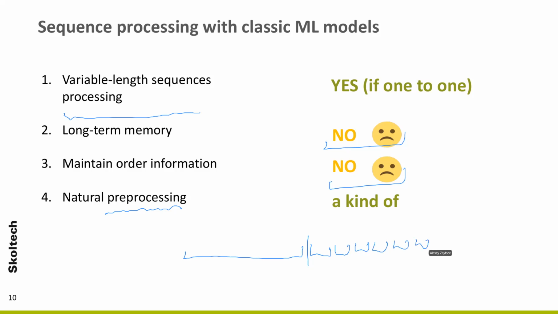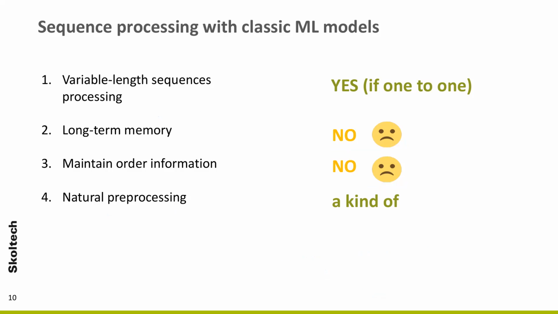How to deal with this in classic machine learning models is not clear. We can try to have a separate model for each case, like y t plus 1, y t plus 2, y t plus 3, and so on. But definitely this is not something you expect to work from scratch in a very fast and reliable way. On the contrary, we expect this model would perform quite poorly, so you'll need a replacement.